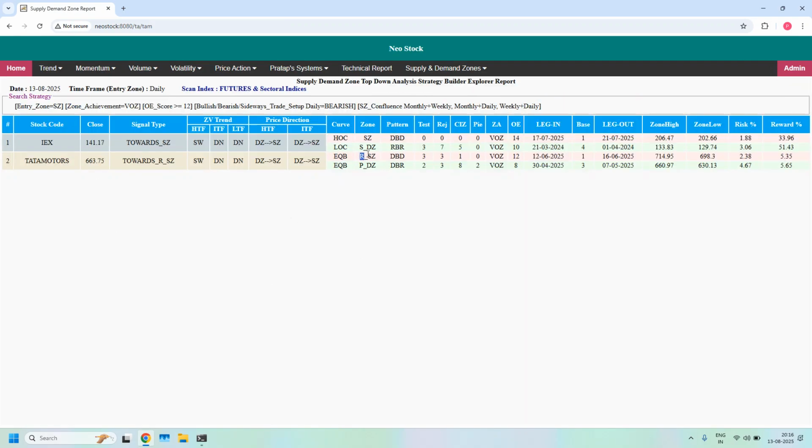In these 2 stocks, the daily supply zones overlapped with the weekly supply zone. Both together again overlapped with the monthly supply zone. But the monthly trend is sideways. So we are not filtering further based on monthly supply zone with monthly EMA confluence, because in a sideways trend, EMA confluence does not give any advantage. So this is the bearish trade setup for monthly income trade.